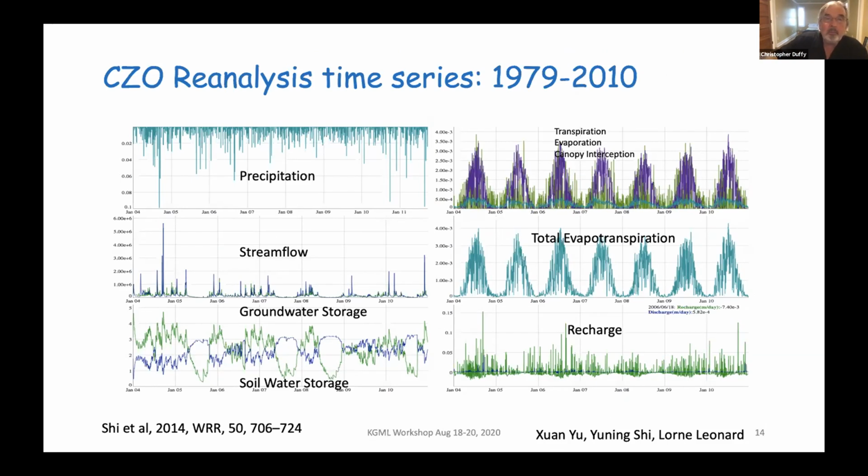Then we ran a reanalysis from 79, in this case, to 2010, that gives us the precipitation and stream flow simulation. This is a reanalysis, of course, a combination of data and model. And so in that sense, it's an ideal data set to begin to test some of these machine learning tools. So there's the groundwater signal, the soil moisture storage signal, recharge, and evapotranspiration components, canopy interception, and so on.